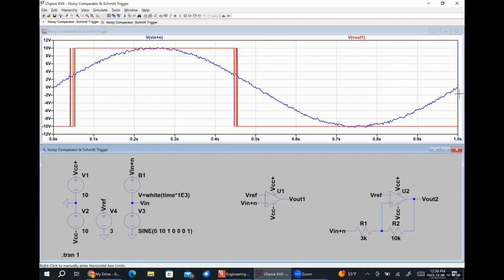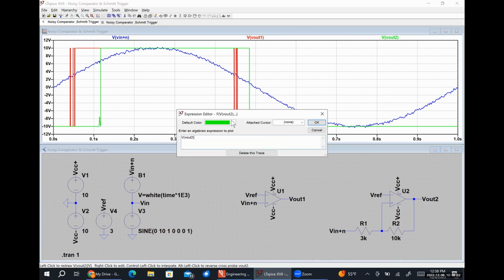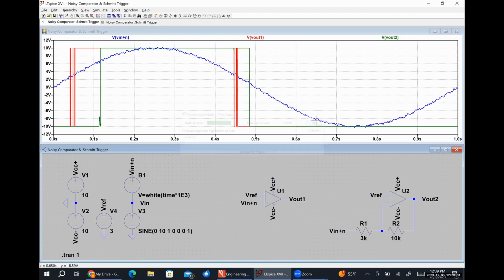If we were to compare that to the output of this positive feedback circuit, we see that we have a nice smooth graph, but our values for where our signal goes high and low have changed. Let me change this to, maybe this dark green color will be easier to see. Yeah, that looks pretty okay.